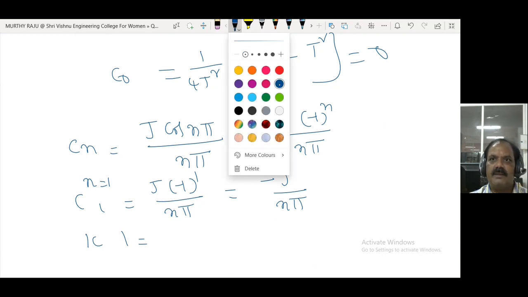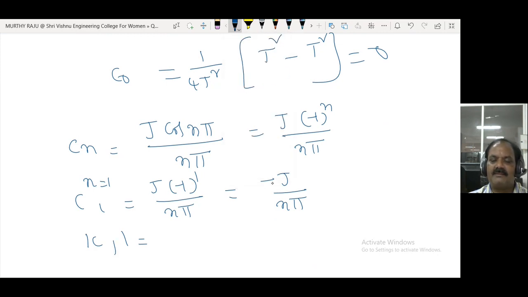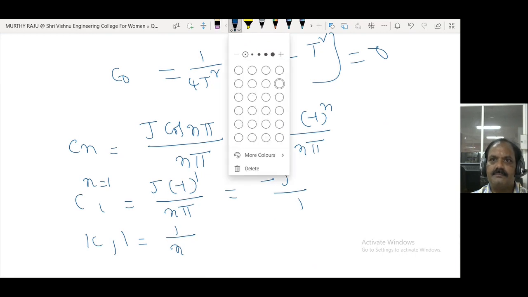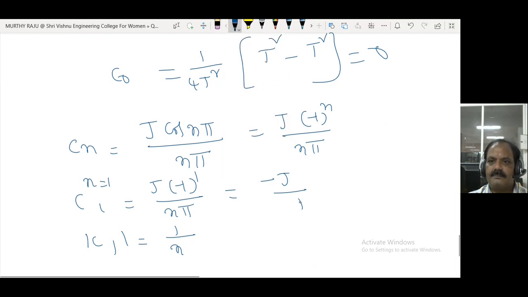Mod C1 is equal to minus j pi, the j term is removed, that is equal to 1 by 5. Here n is equal to 1.